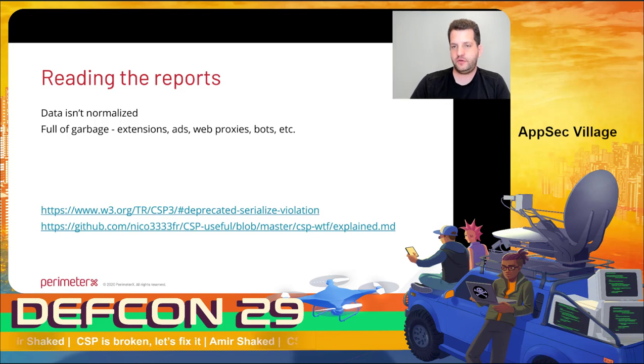Ads can create that noise. Web proxies that load the website can create it. Bots as well. And the issue is that all that nonsense of information is really creating a lot of problems in trying to analyze if there is a problem with the policy that you created. Do your users experience any kind of problems or not?